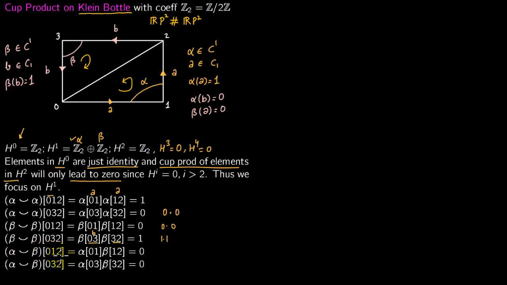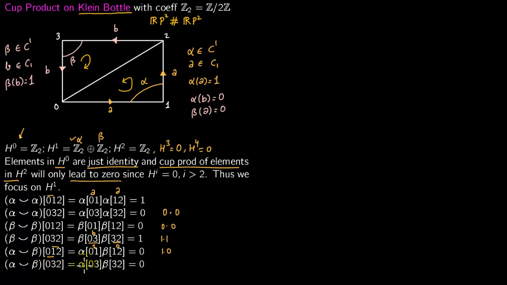Alpha cup beta on 0, 1, 2. Alpha acting on 0, 1 gives 1 because there is A here, and then beta acting on 1, 2, which is A, gives 0. So 1 times 0 gives 0.